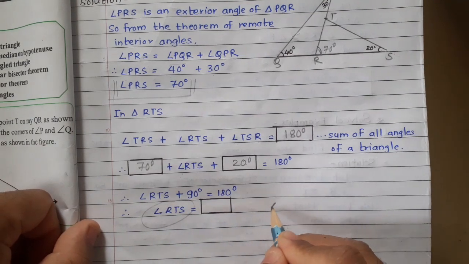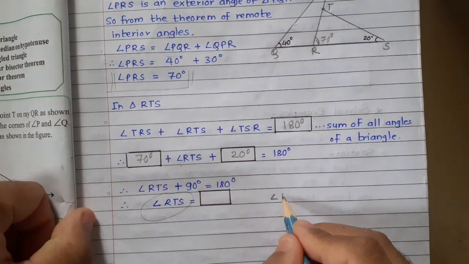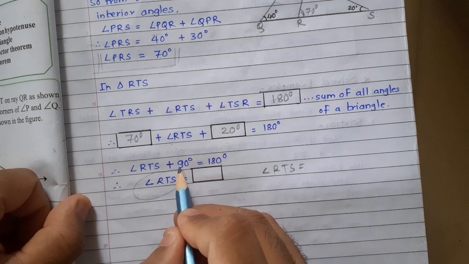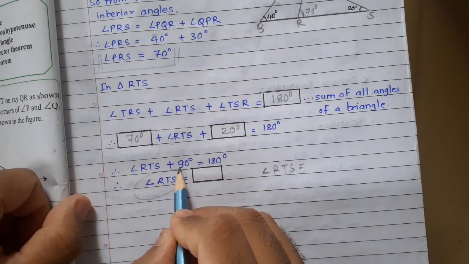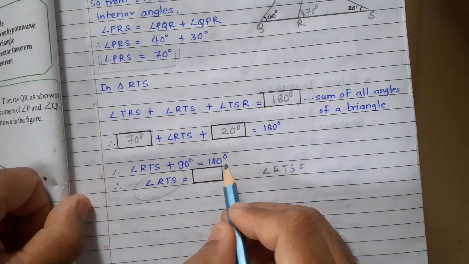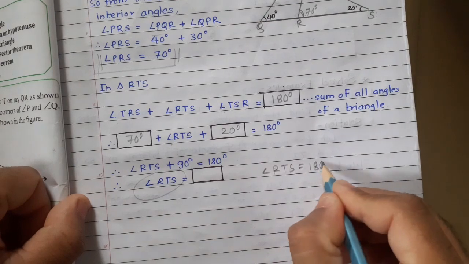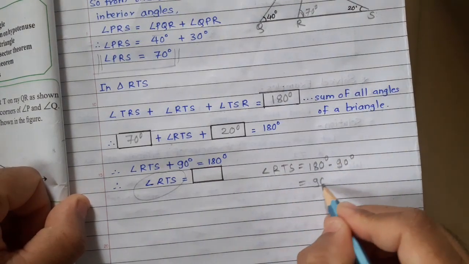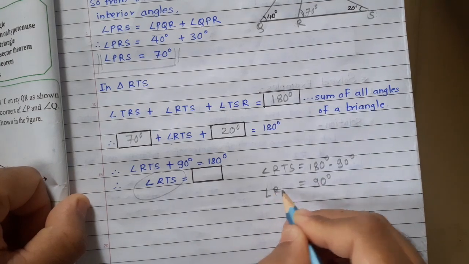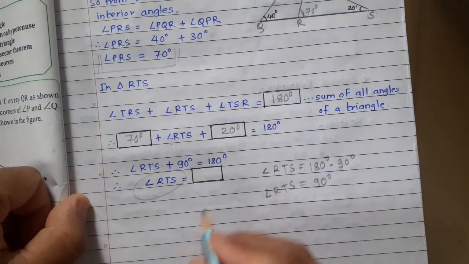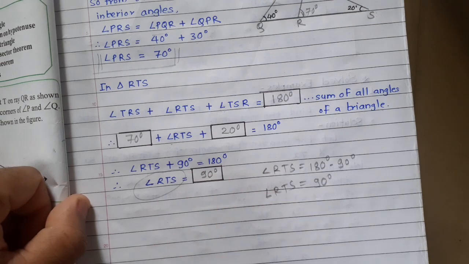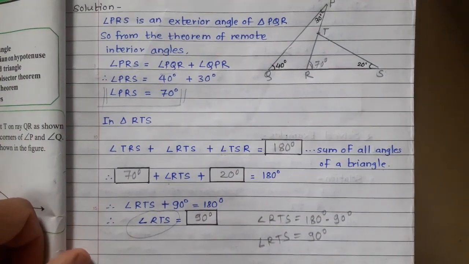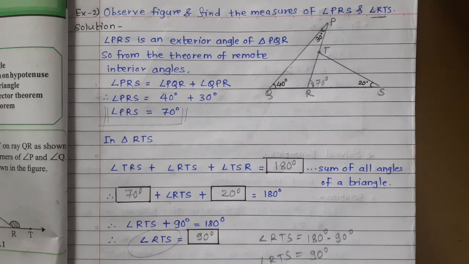So RTS is equal to, this 90 degree is positive on left hand side, when it goes to the right hand side it becomes negative. So we can write 180 degree minus 90 degree. So 180 minus 90 is 90 degree. So the measure of angle RTS is 90 degree. This is the required solution.